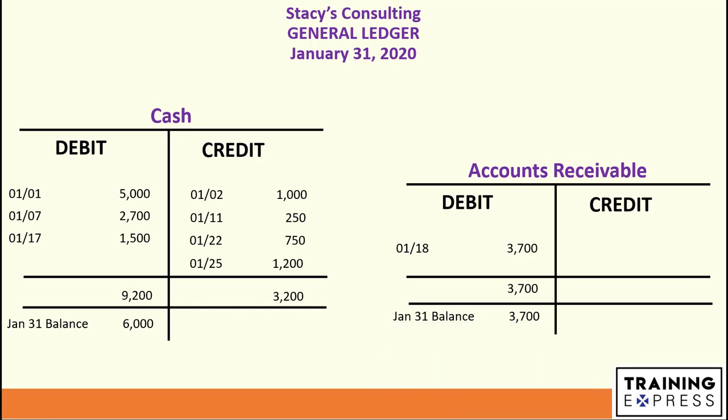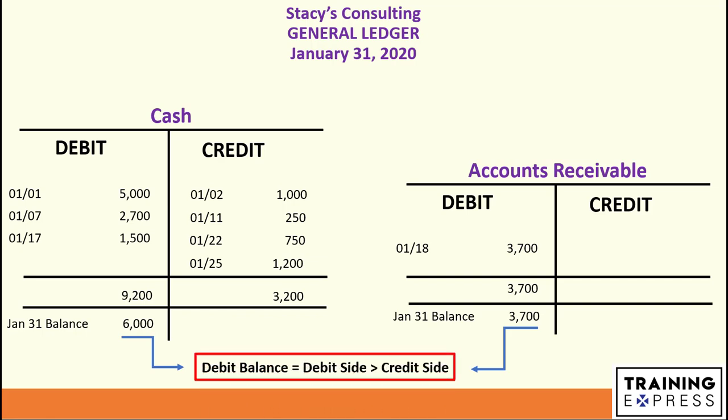So now you will see in both of these cases, the debit side was greater than the credit side. So what we have learned from this discussion is that whenever the debit side is greater than the credit side, it is called debit balance.